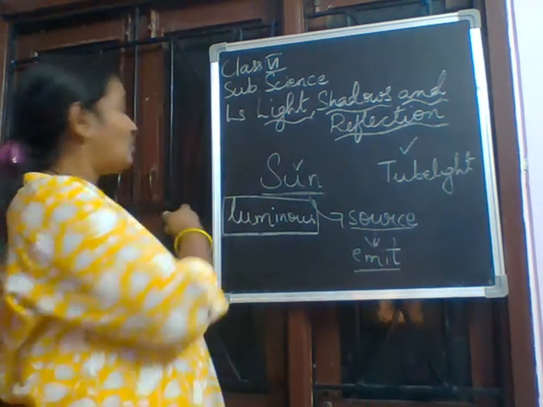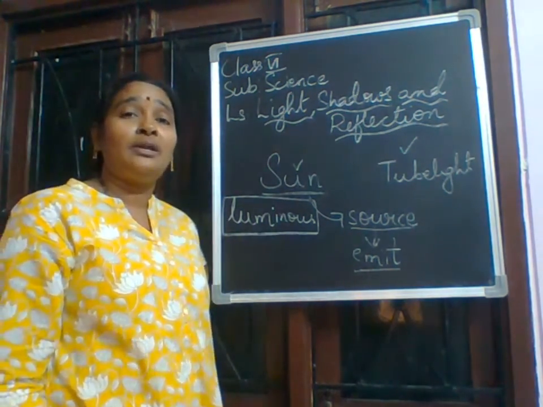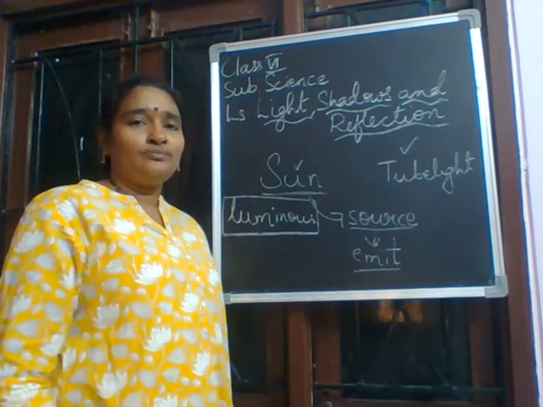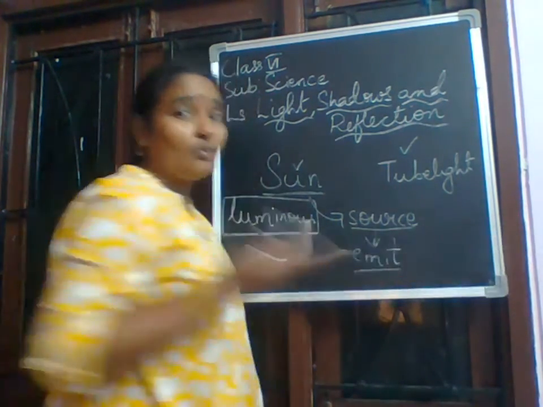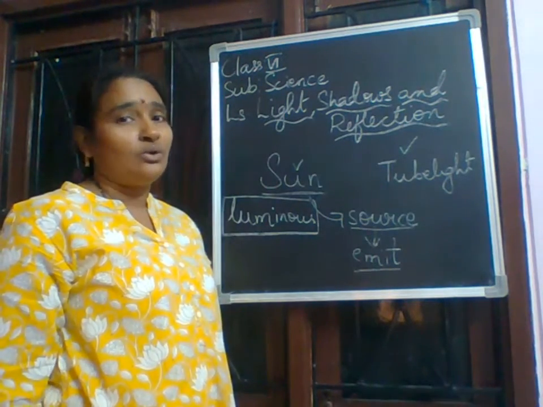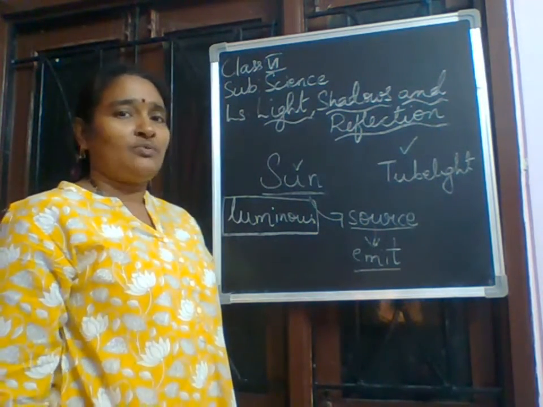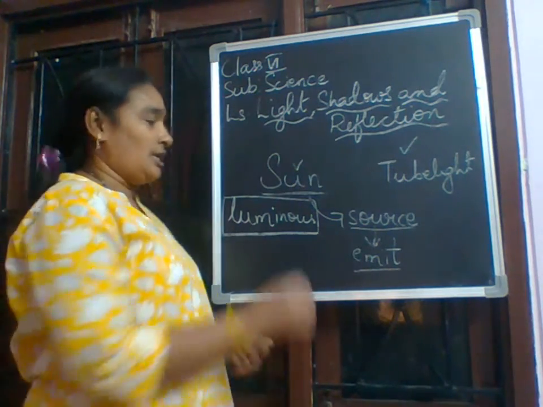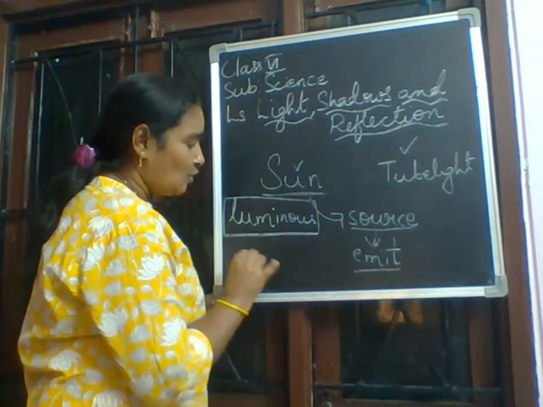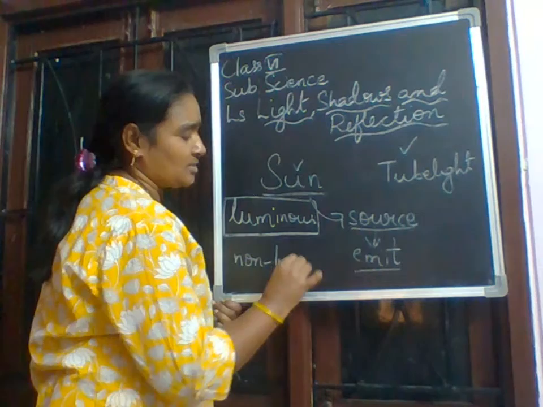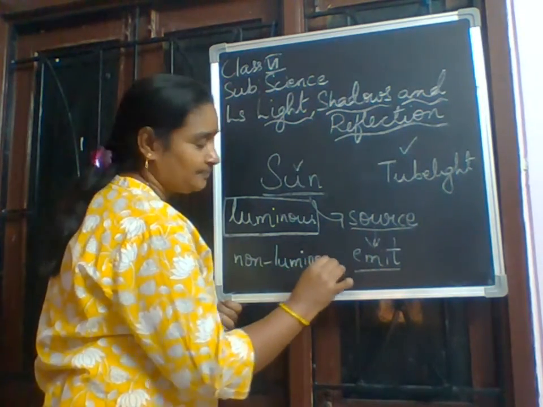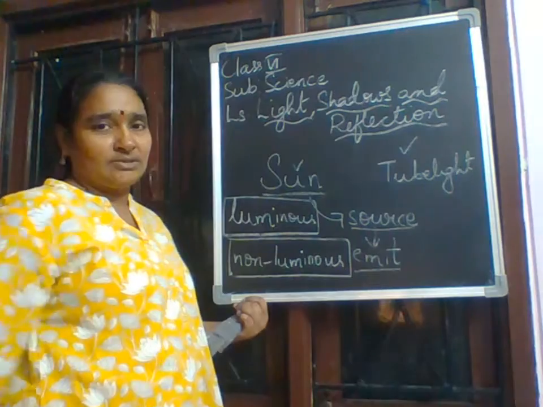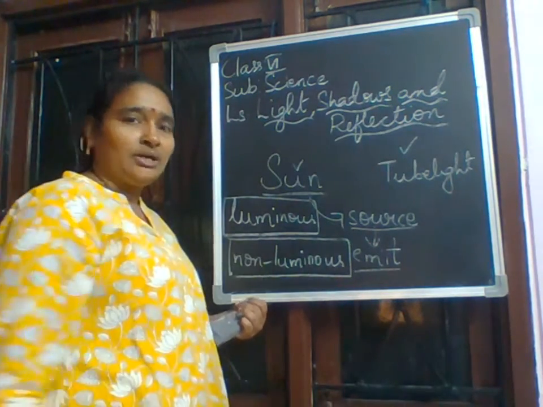The window does not emit light. Even in this room, the wall does not emit light on its own. So the objects which do not emit light on their own are called non-luminous objects. Luminous and non-luminous objects: these two words you have to remember.